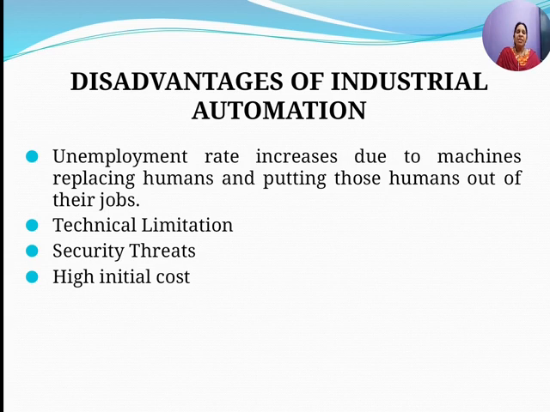And technical limitations also, and security threats. Because of security threats, sometimes you don't use industrial automation, and high initial costs. So these are the disadvantages of industrial automation: unemployment rate increases, technical limitations, security threats, and high initial costs.